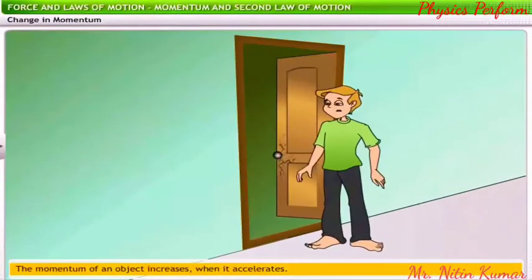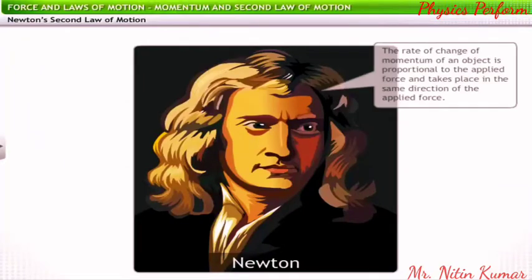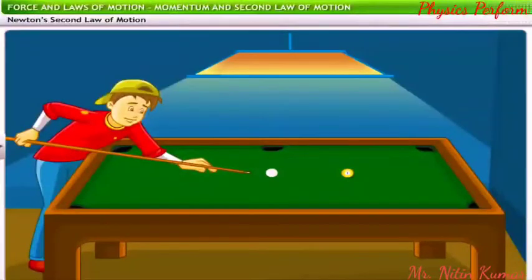The momentum of an object increases when it accelerates. Therefore, the rate of change of momentum depends on the acceleration of the object. Newton's second law of motion states that the rate of change of momentum of an object is proportional to the applied force and takes place in the same direction of the applied force.